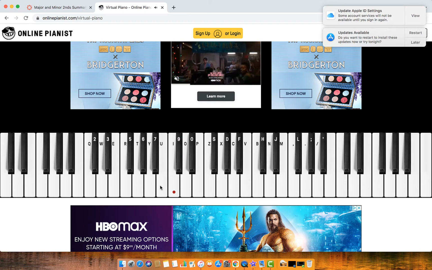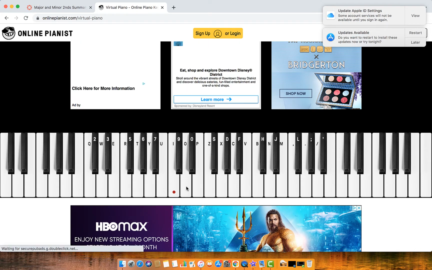Problem is, you want to go 2. So you don't go B, C, D. I just went 3. You got to go B, C sharp. So a major second above B is C sharp, not D flat. If you go to D flat, you've gone some kind of wonky third, because that's 3, B, C, D.